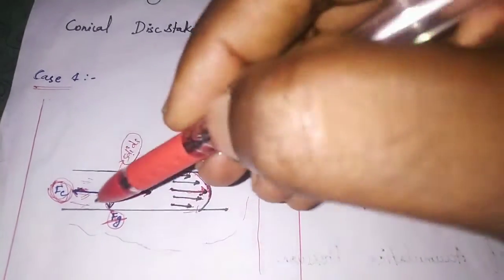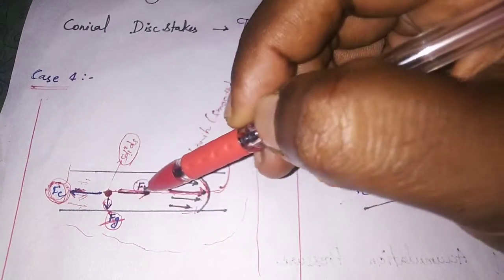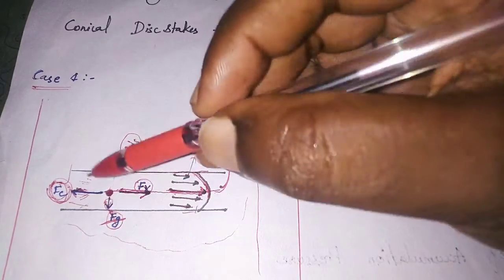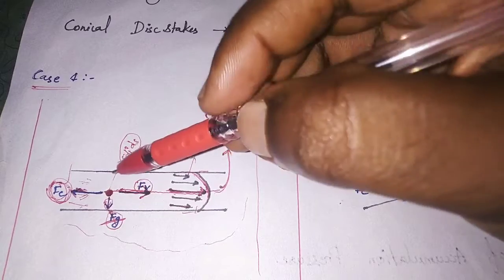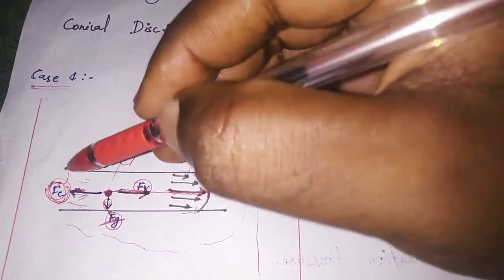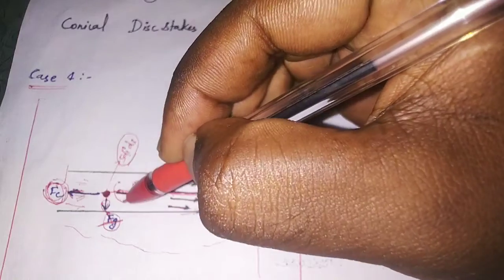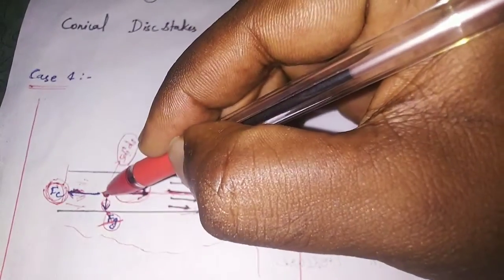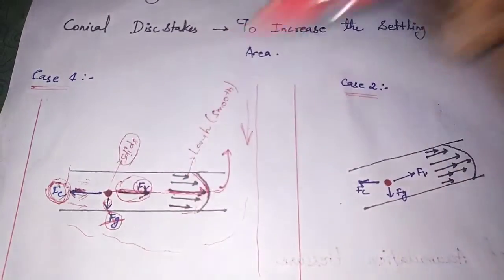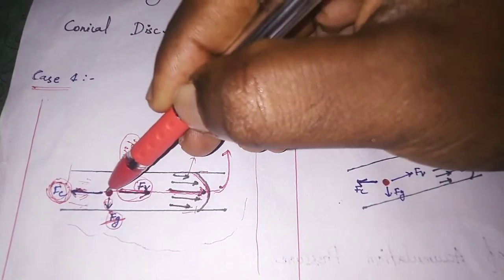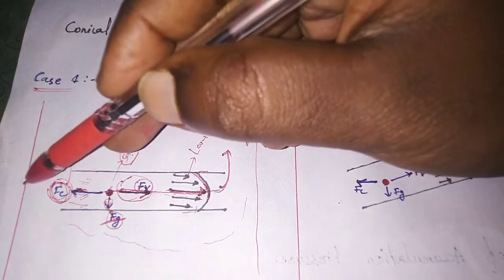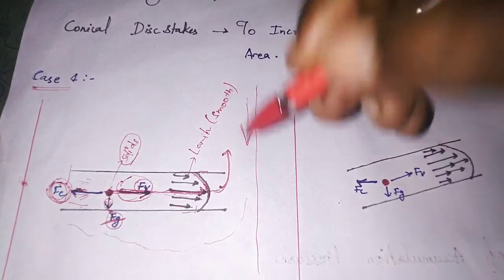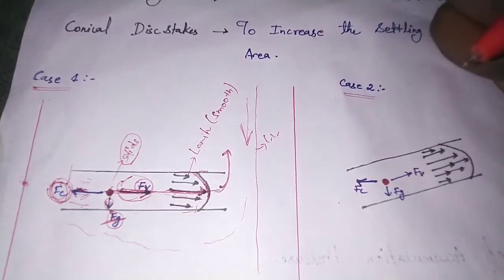At that point the flow velocity is higher than the centrifugal force, so our solid particle travels a greater distance from the bowl. Here is the center line of the purifier.